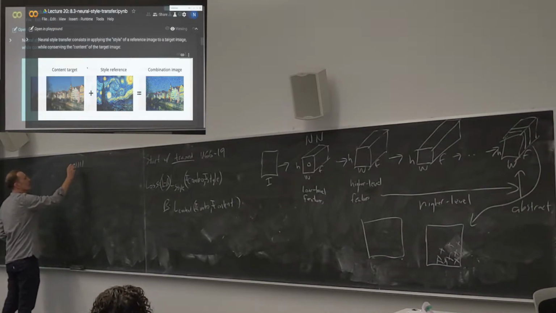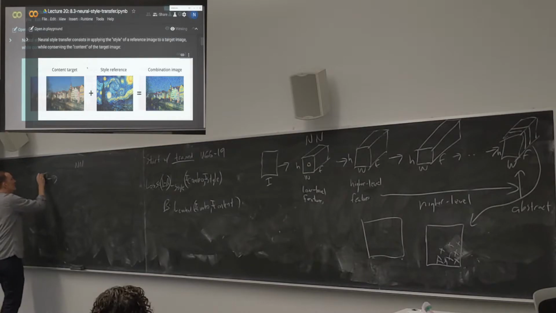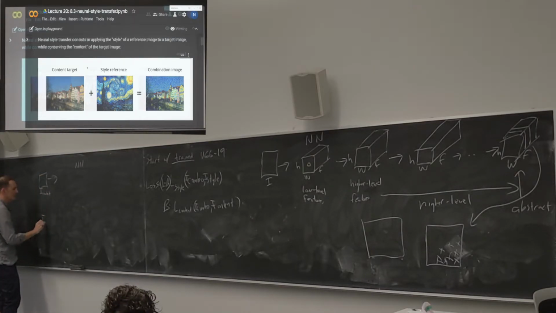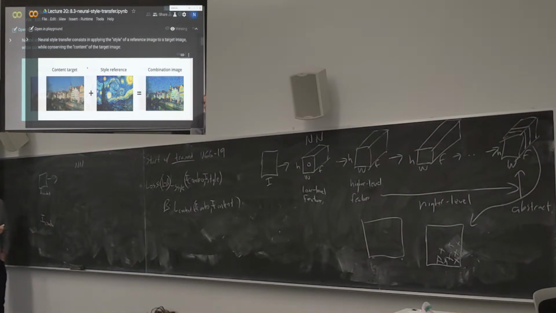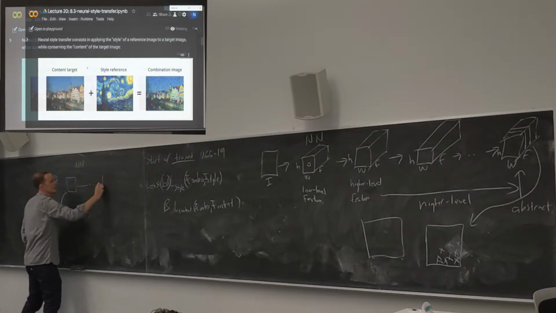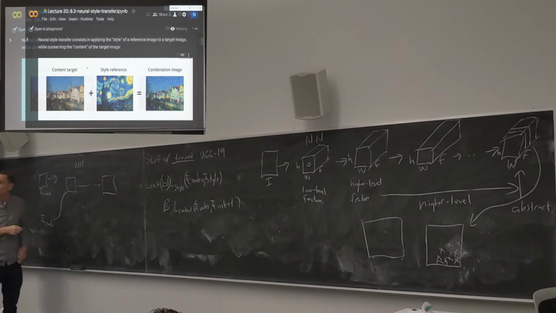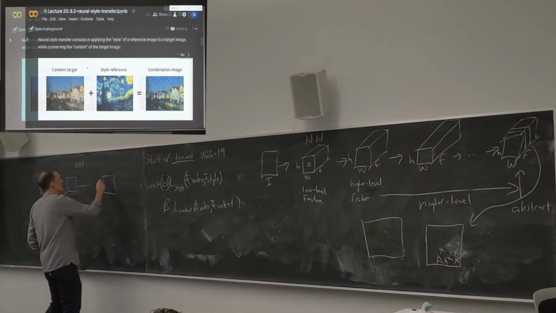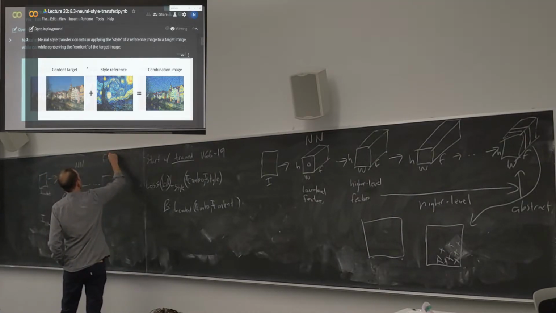So we have our neural network. We feed in I sub content. We feed in I sub combo, which remember to begin with is going to be random noise. These will go into the neural network. Hey, maybe we'll even use a batch, so we can run them both at once. And we'll come up with our final convolutional layer.